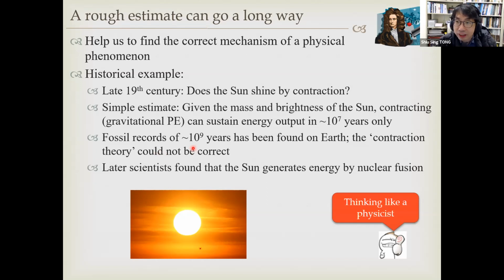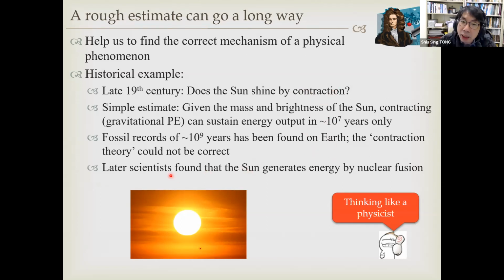We now know that the Earth is 4.6 billion years old. The Earth cannot be older than the sun, right? So the sun must also have existed for at least several billions of years, which is much longer than several tens of millions of years. 10 to the power 9 is 2 orders of magnitude larger than 10 to the power 7. So this theory that the sun shines by contraction must not be true. That is the wrong mechanism.